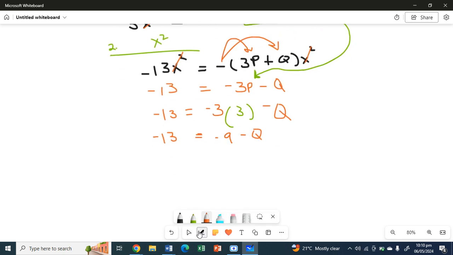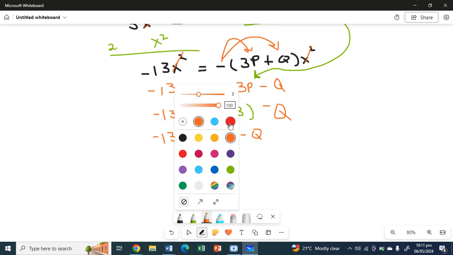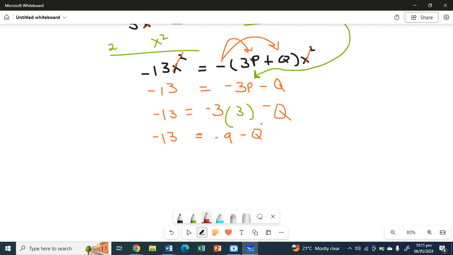So again, like terms together. This negative q, we can take it over to this side, and this negative 13, we can take it over the equal sign. So when you take the negative q over the equal sign, we get q equals negative 9.